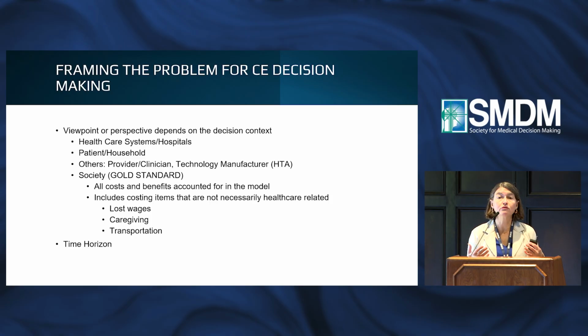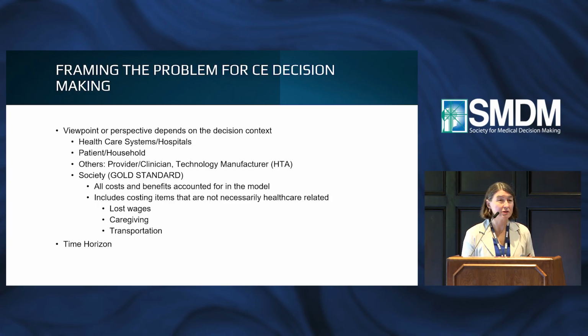And we include costs when we do that, such as travel to get the intervention, or the childcare that needs to be provided, or the days of work loss to do the intervention. So societal takes into account all the things that go into receiving or getting that treatment.